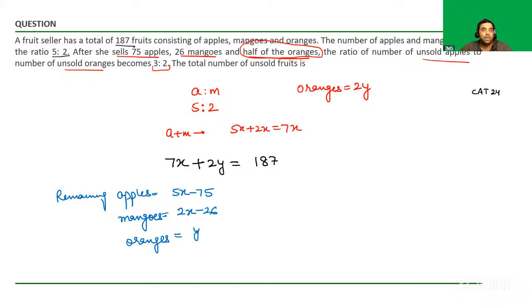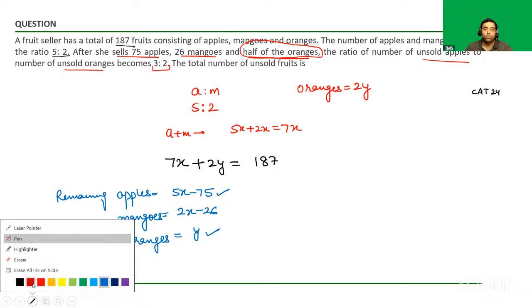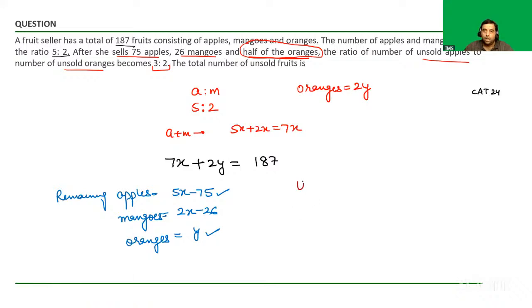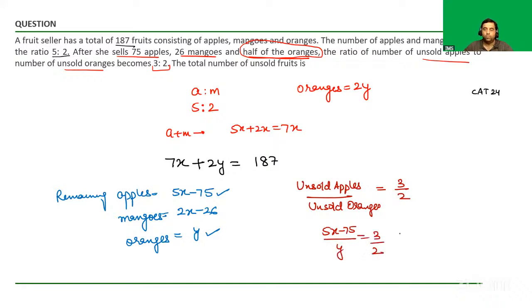And now they're saying unsold apples to unsold oranges is given as the ratio 3:2. That means unsold apples to unsold oranges is 3 upon 2, which gives me (5x minus 75) upon y equals 3 upon 2.